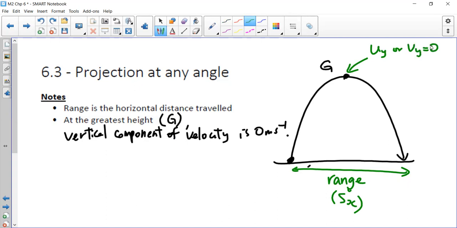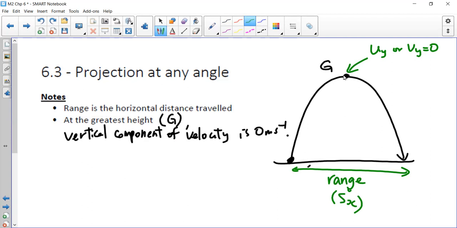We don't know whether it's u or v, because it depends on whether you're starting from the highest point or calculating towards the highest point. If your starting point is from the bottom here, shooting upwards, then this point will be vy, because that will be the final velocity of our journey.